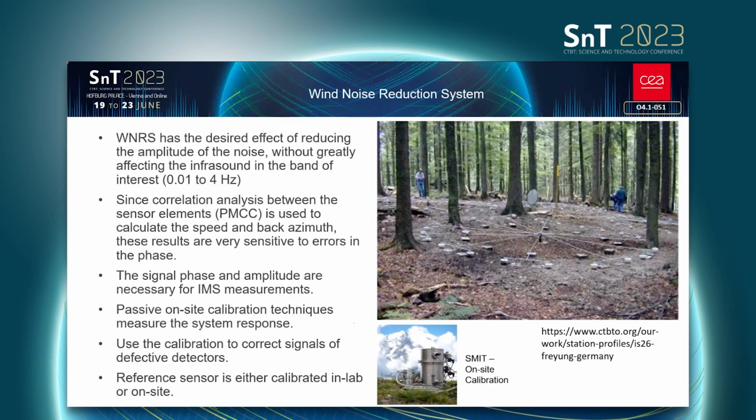As I mentioned, the wind noise reduction system, well, these are at IMS stations anyway, they use these pipe filtering systems to reduce the wind noise created by wind. And the idea is that with a passive on-site calibration, we can determine what the response of these filtering systems is very precisely, because obviously anytime you connect pipes to a microbarometer, you're going to affect the infrasound response.